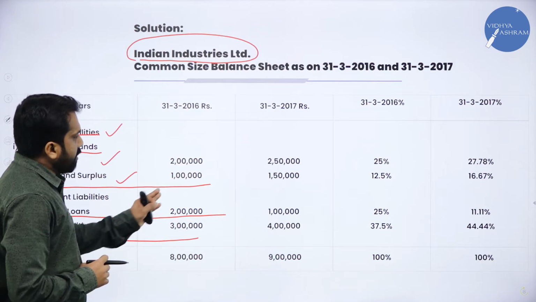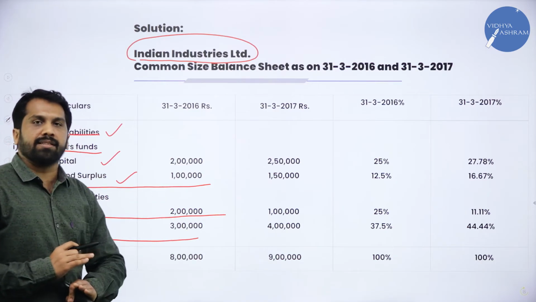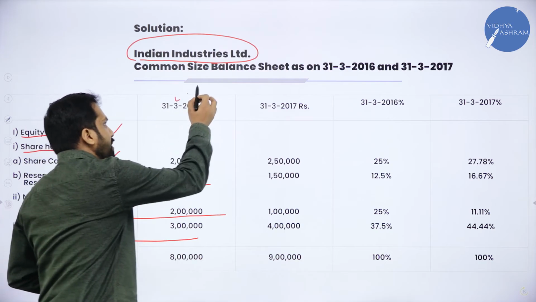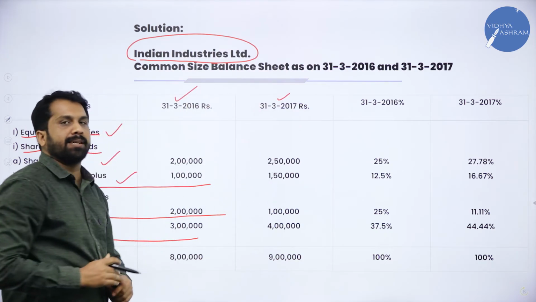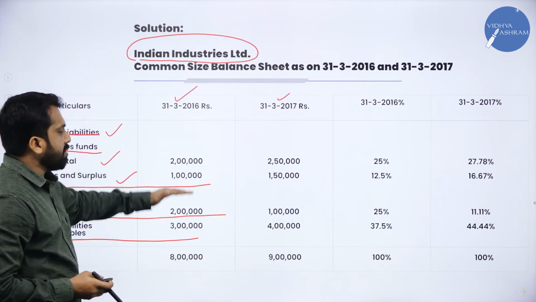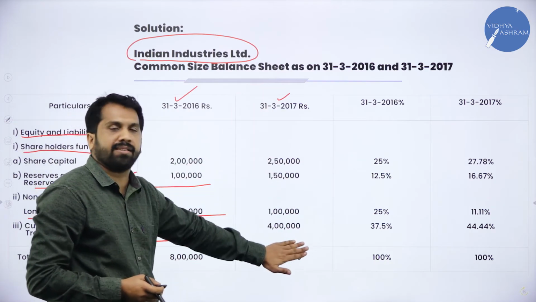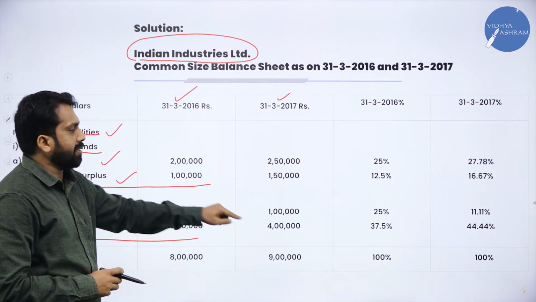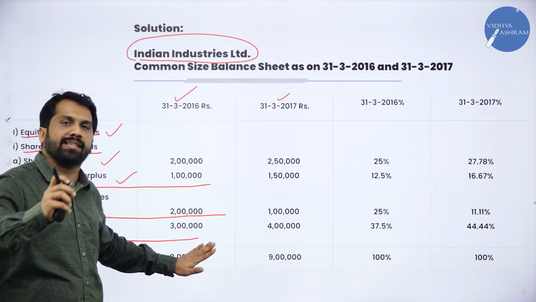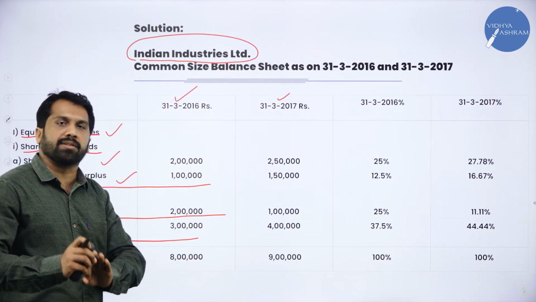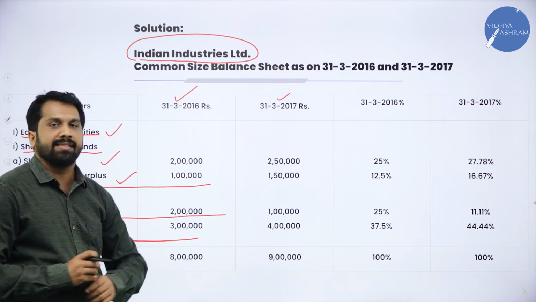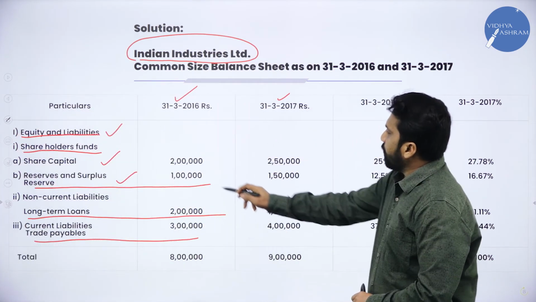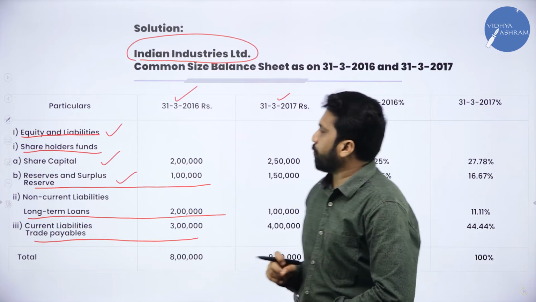Now, there is no comparison, there is no increase or decrease. This one is separate, that one is separate. While doing 2016, don't see 2017. While doing 2017, please don't see 2016. Now we are doing 2016. How to do? First one is how much? 2 lakh we have.